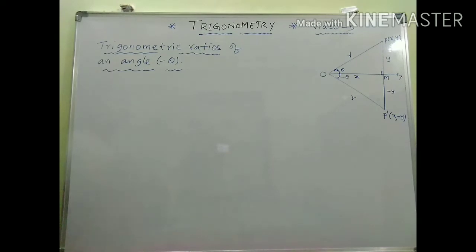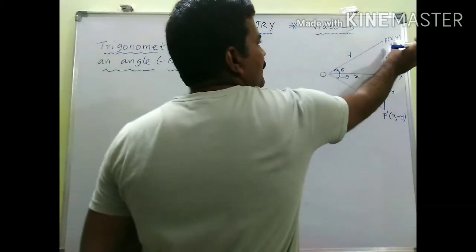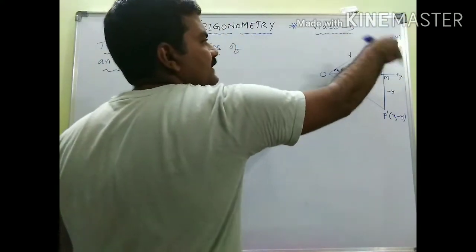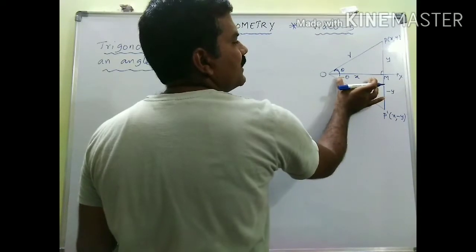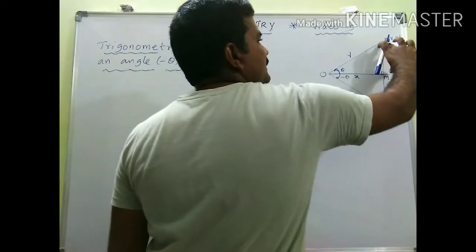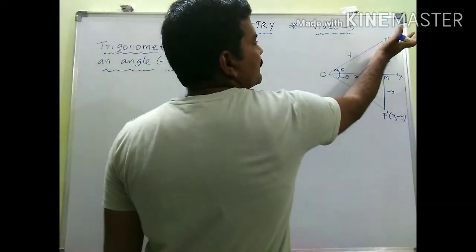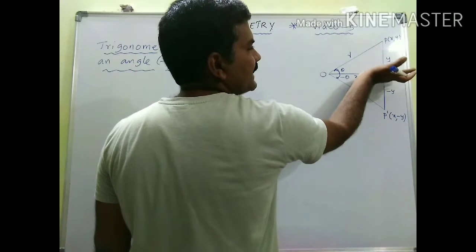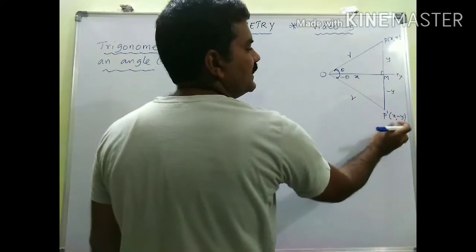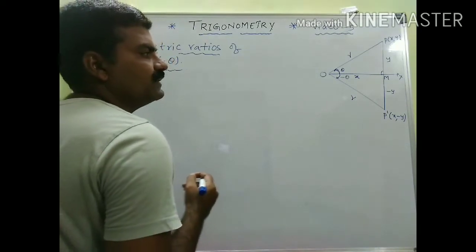Understand everybody? All these things we already discussed earlier. P(x, y) is any point in the first quadrant, where x is the length on the x-axis and y is the length on the y-axis. The coordinates of its image in the fourth quadrant are x comma minus y as per the rules of the fourth quadrant.